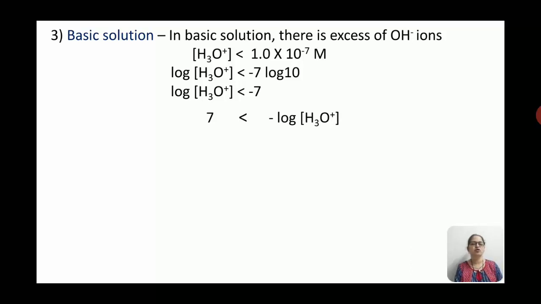Take log of molar concentration of hydronium ion on right hand side, it will become negative. Now, what we can write instead of minus log of molar concentration of hydronium ion? pH. So, for basic solution, pH is always greater than 7.